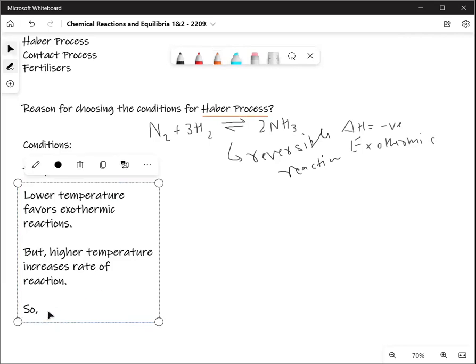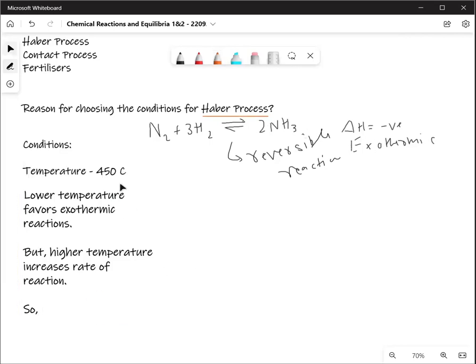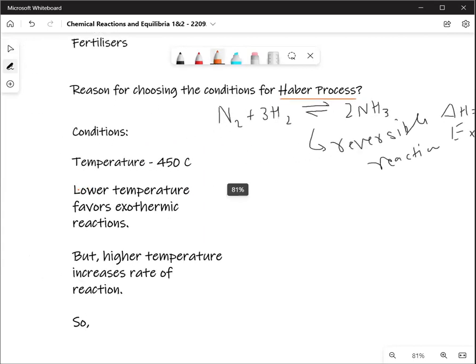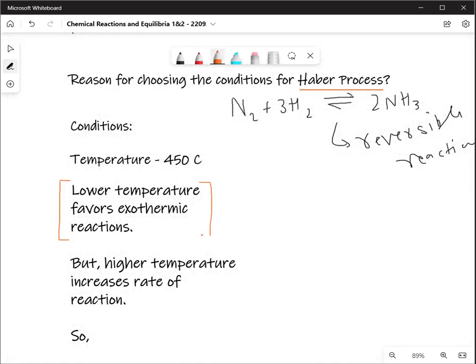Now, why do we use 450? Zahra, read this line: lower temperature favors exothermic reactions. Niranjana, focus, read the line on the board. Why? Because exothermic causes temperature to increase.